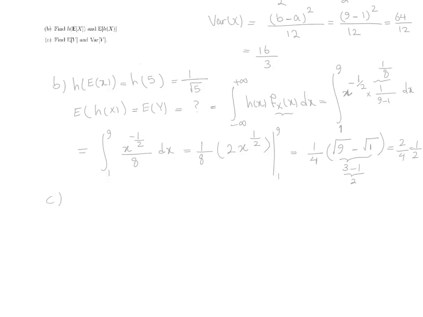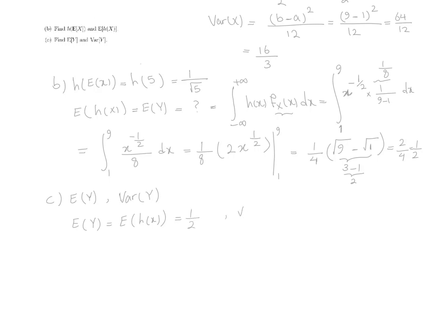For part C, we are asked what is the expectation value of y and what is the variance of y. The expectation value of y we calculated in the previous section, that it's equal to half.